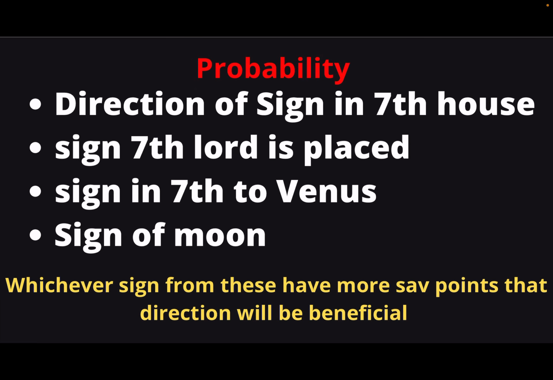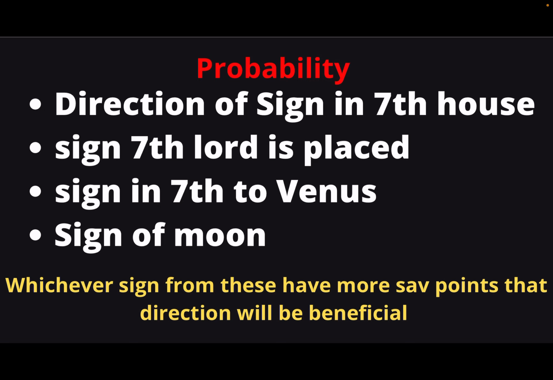Now, the probability of us getting a spouse from a particular direction can also be checked, like the direction of the sign in the 7th house, the direction of the sign the 7th lord is placed in, the direction of the sign 7th from Venus, and the direction of the sign where the moon is placed. Now these are multiple directions. How can we curb it down to one single direction?